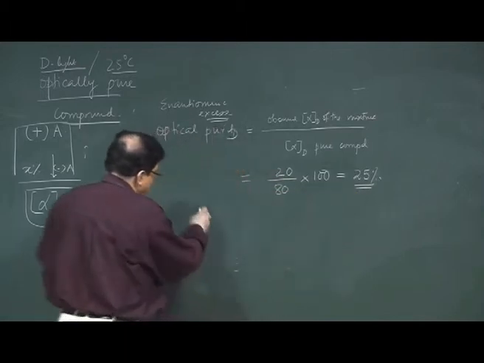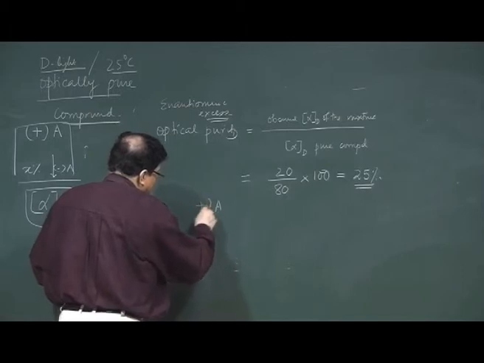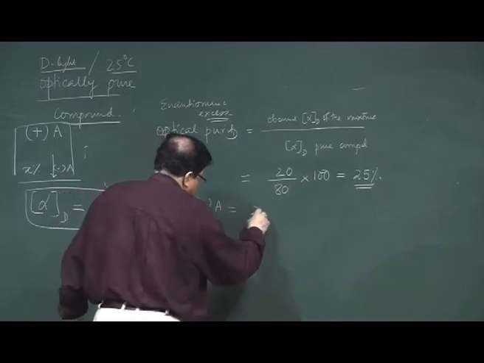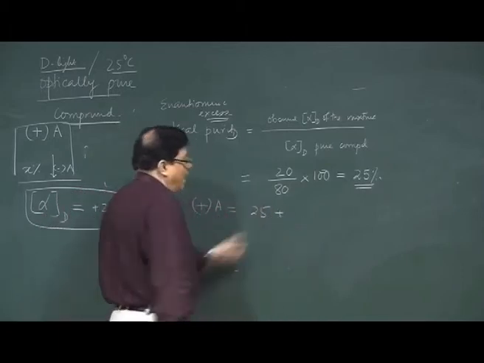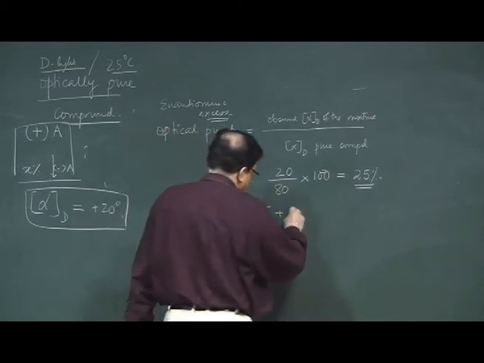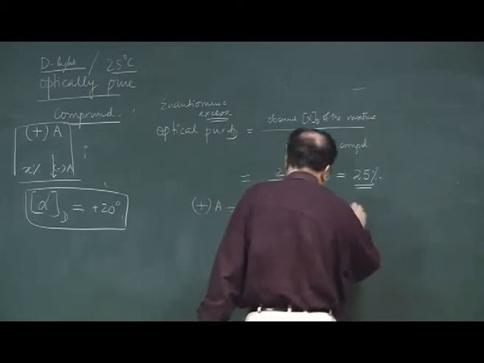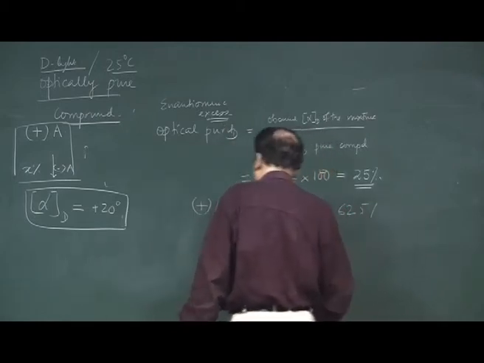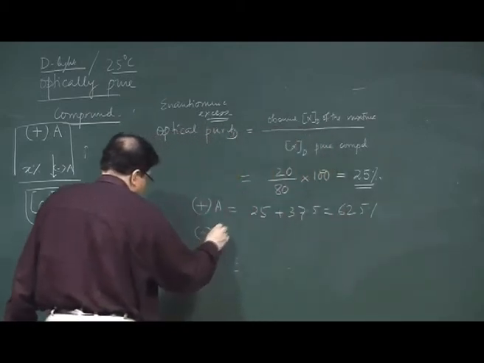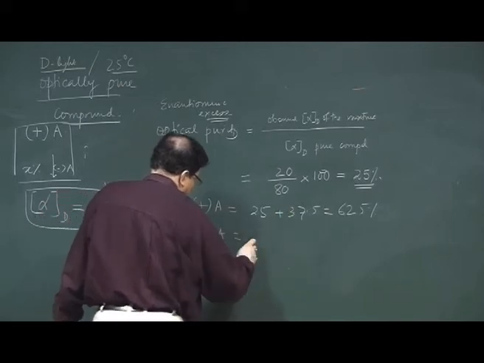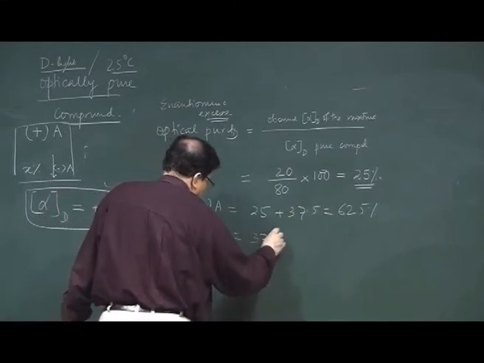Now, how to calculate how much plus A is there? Total plus A is 25 plus half of the remaining 75, that means 37.5. So, that makes it 62.5%. And what is the extent of minus A? That is only 37.5.